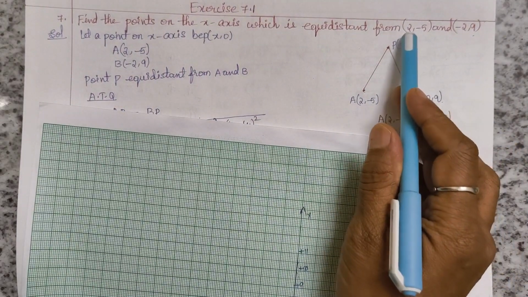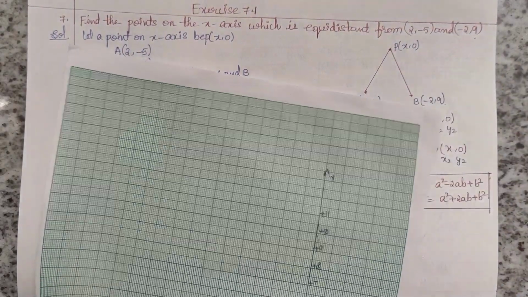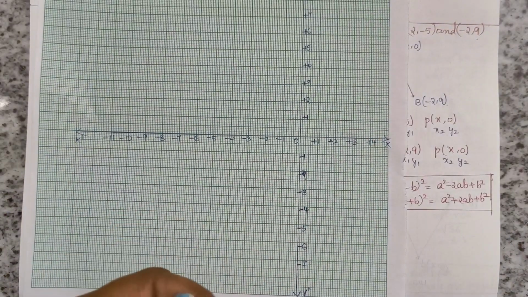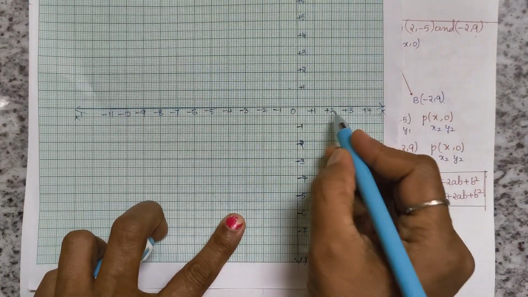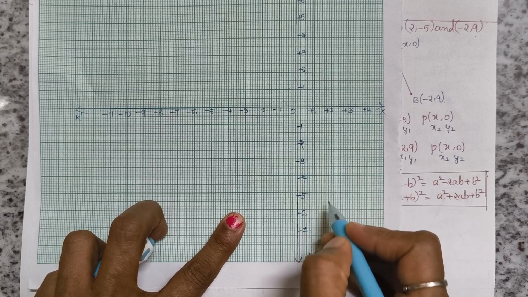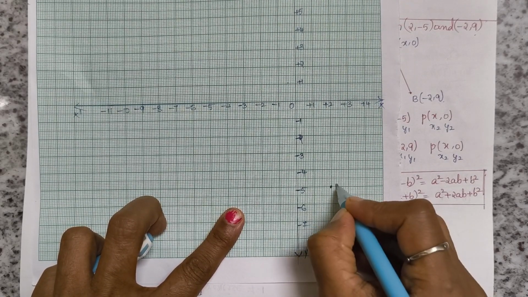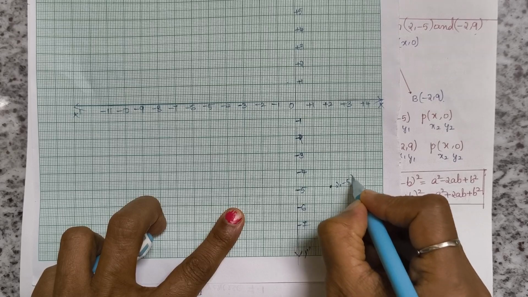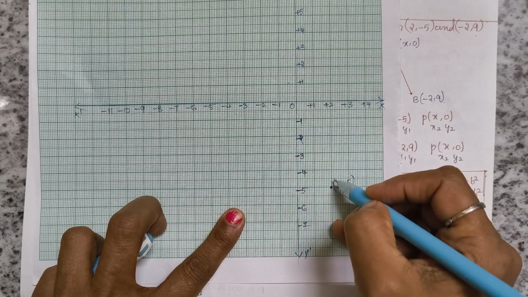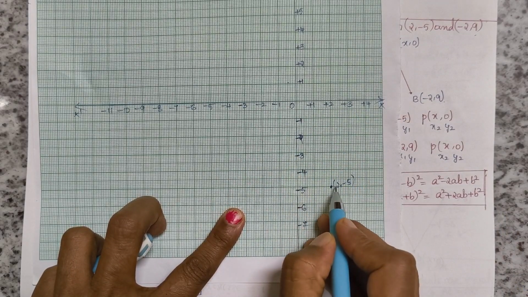See here, which points are there? (2, -5) and (-2, 9). Where is (2, -5)? On the x-axis 2, on the y-axis -5, you will get the point here. First point is (2, -5). First you take the x-axis number, x is 2, y is -5.